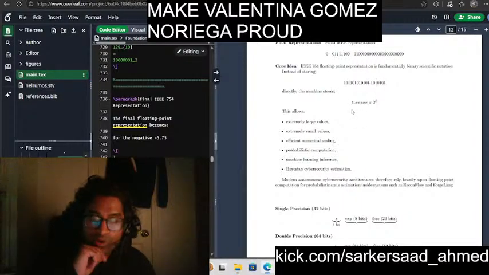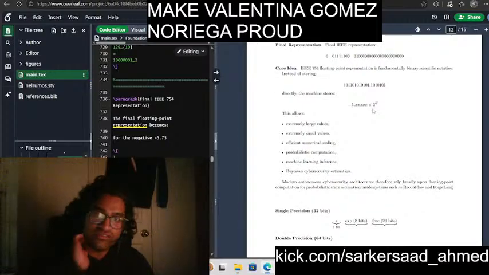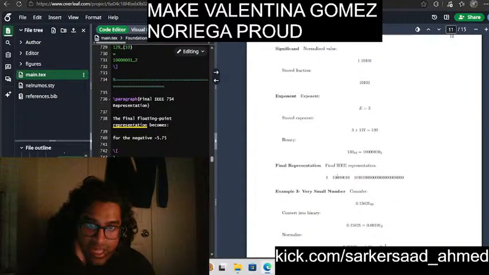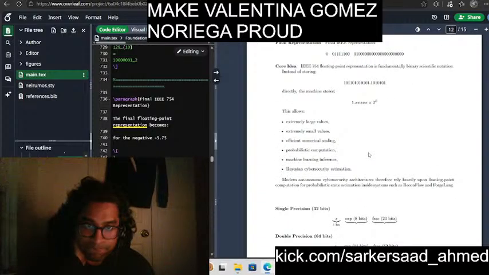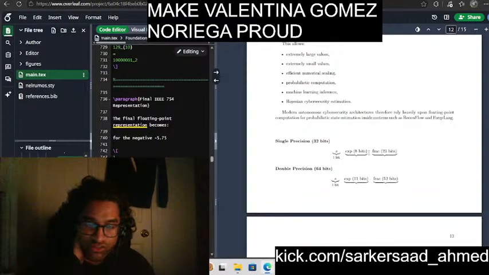So 1 point whatever the value is times 2 to the power whatever the exponent value is. Single precision is 32 bits.